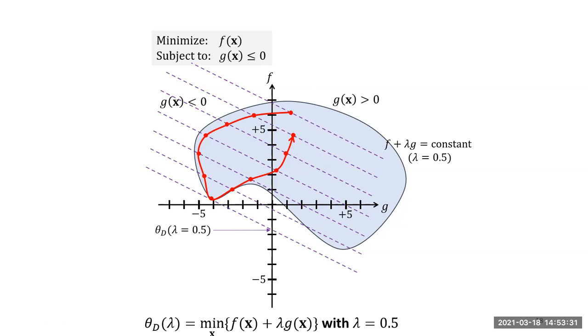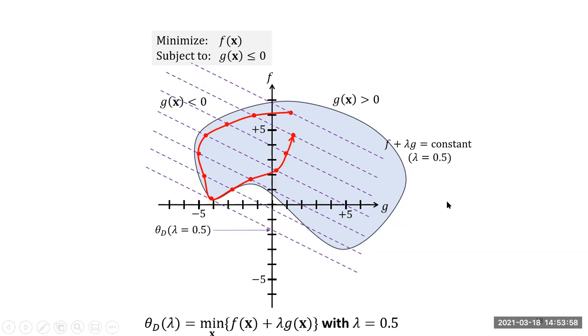Yes, Dr. Das, I have a question. Sure. When you are calculating the constant value, are we always taking g as 0? No. F plus lambda g equals constant. G can be anything, right? Yes. But how do you find the value of the constant? By looking at the y-intercept.